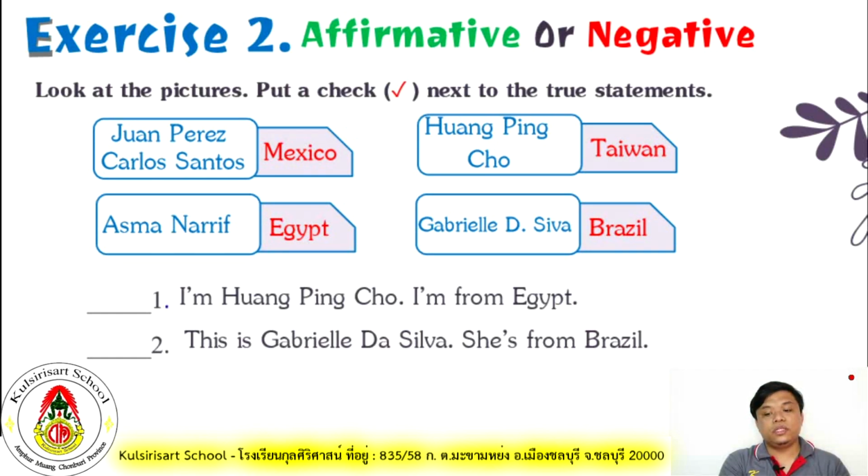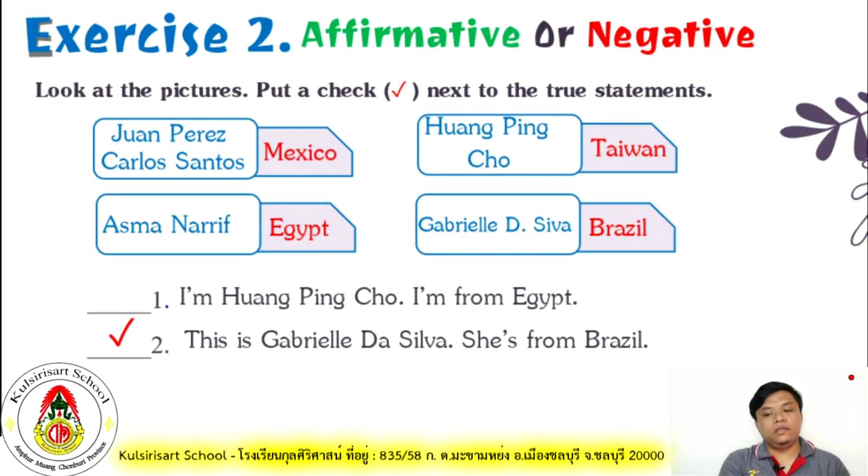But you use she's from Brazil. It's an affirmative statement. And is it true? Look at the shapes above. Gabriel Silva is from Brazil. True. So we put a check on number 2. Did you get it? Number 1, it's an affirmative statement, I am. Number 2, she is also an affirmative statement.